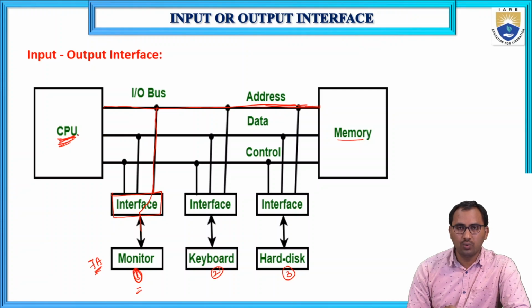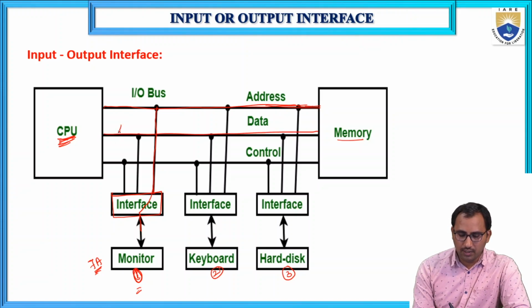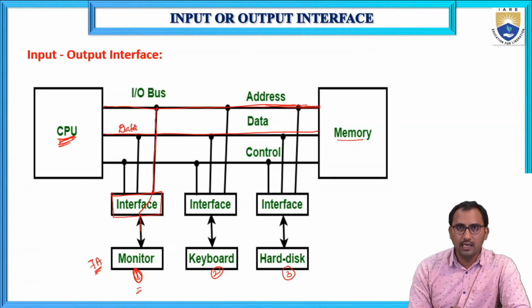Suppose the CPU wants to transfer some information to the IO device, that data will be placed in the data bus and connected to the data bus of the IO. This IO interfacing also has three buses: the control bus, data bus, and address bus. All three buses are connected to the corresponding buses connected to the CPU.